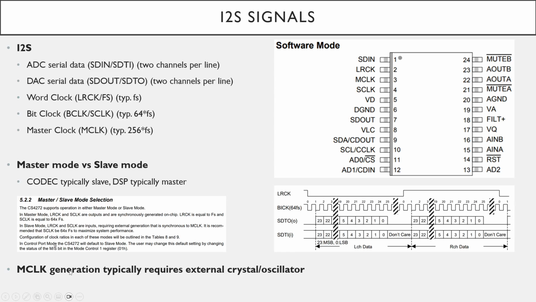Now, not always the case, but the M clock generation typically requires an external crystal or crystal oscillator. In the case of using STM32H7, you can also use the internal RC oscillator to generate the I2S master clock. However, you will get less jitter, better performance, and better accuracy by using a dedicated crystal.